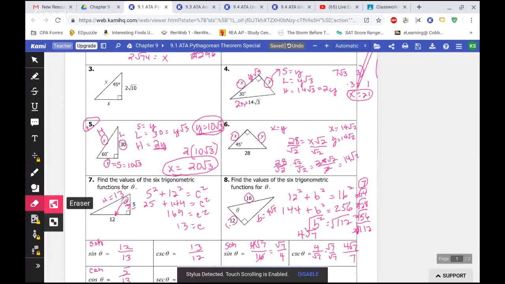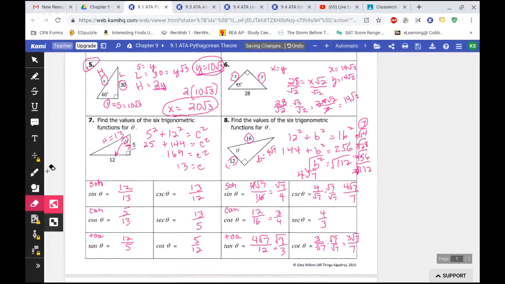Okay, so I definitely did this in math lab. It looks like number 7. But instead of there being the 5, the hypotenuse is shown and that back angle isn't shown.